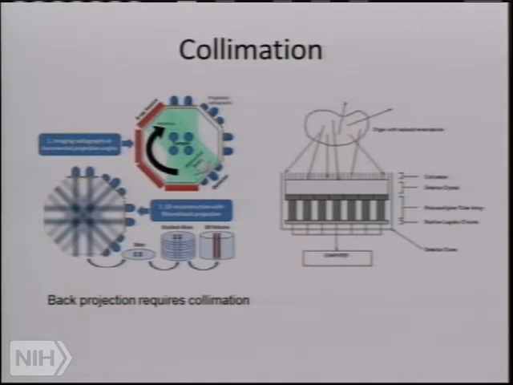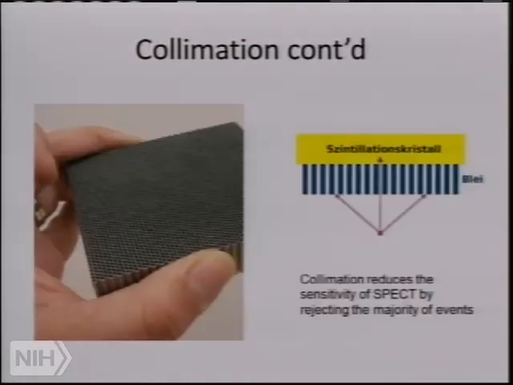So it's very important that the only gamma rays that arrive at the detector have come from a certain direction. If you allow gamma rays from any direction, you're going to get garbage as an image. So it's only gamma rays arriving from a certain direction, that is straight on, that are useful for generating images.